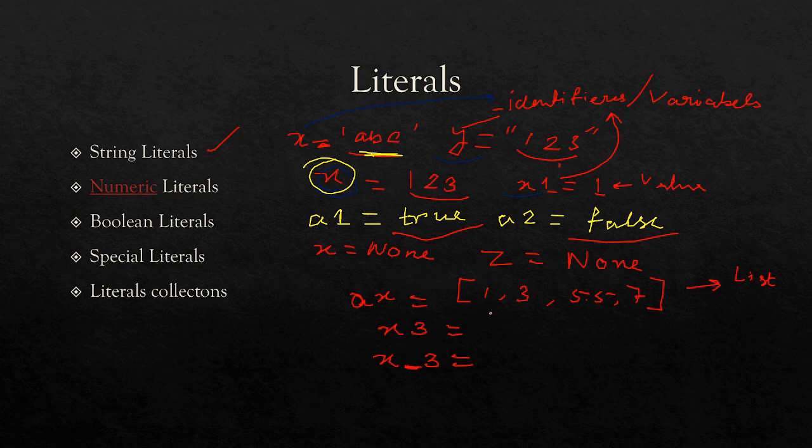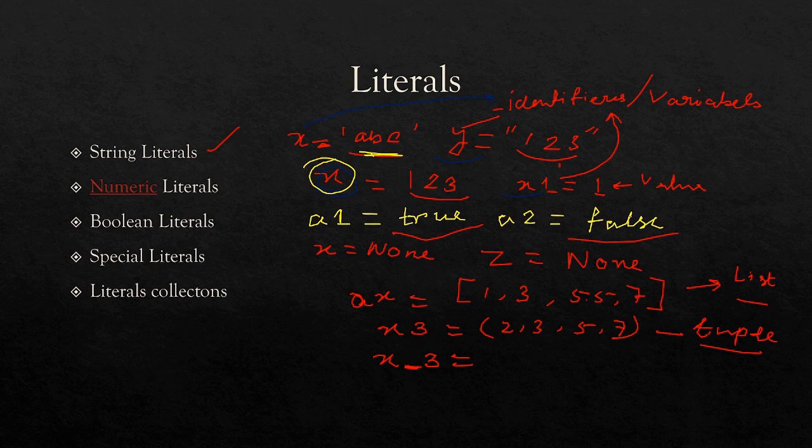Now coming to the next one, this is called a tuple in Python. These are all collection literals. This list and tuple are all basic data types in Python.